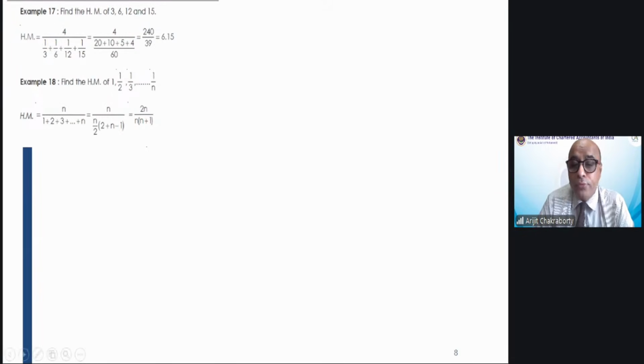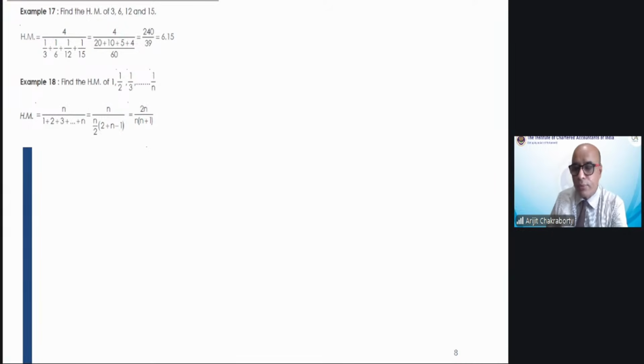Now we have another very interesting question. Example 18 from the study material. Find the harmonic mean of 1 by 2, 1 by 3, and it goes on to 1 by n. That means there are n numbers. So for the harmonic mean, in the numerator we put the total frequency.